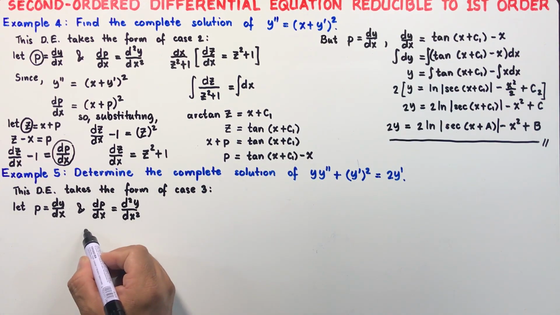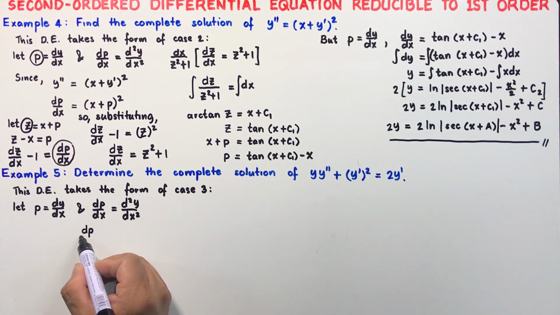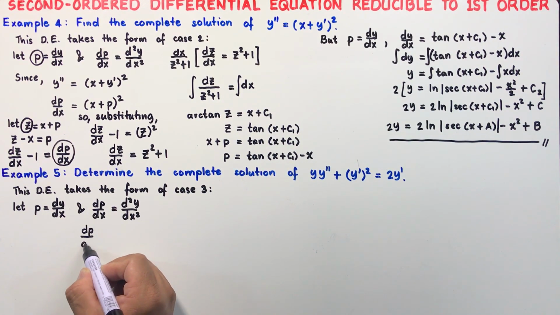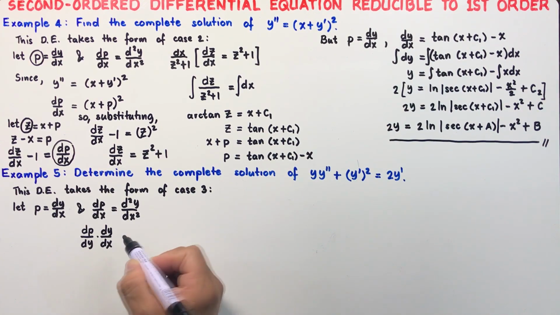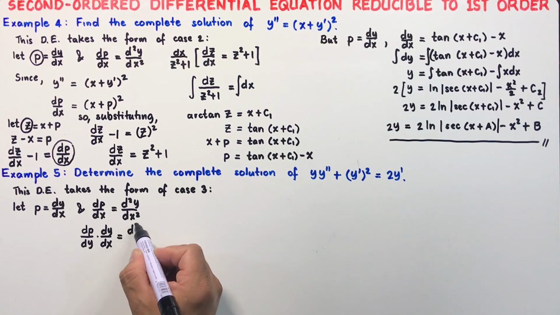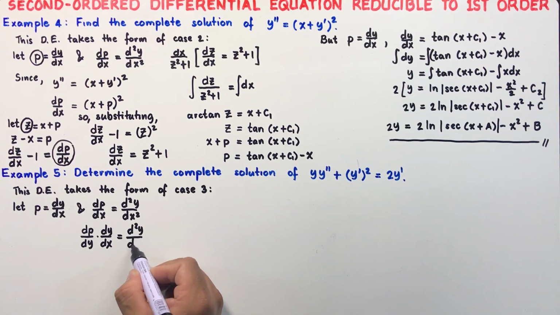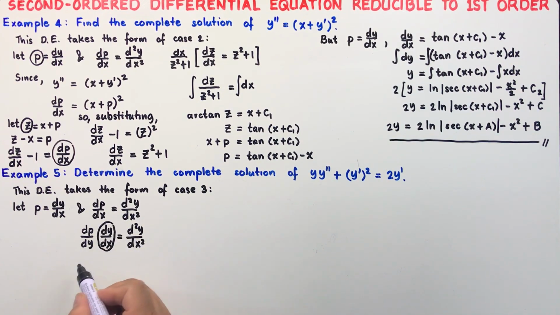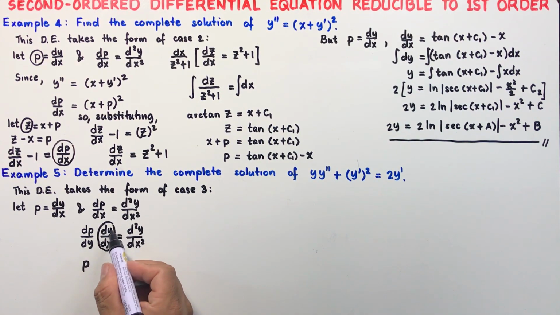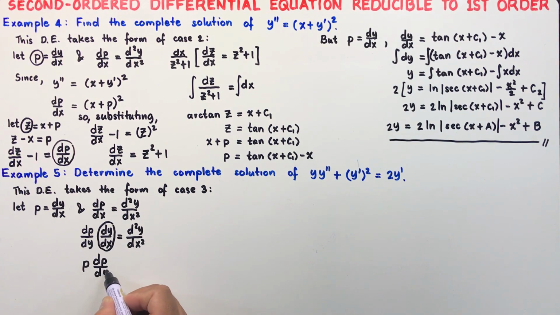So we apply the chain rule: we need to find the derivative of p with respect to y times the derivative of y with respect to x, and we know that this one is our p. So p times the derivative of p with respect to y is our second derivative of y with respect to x.